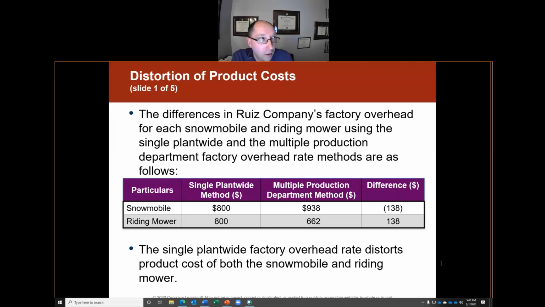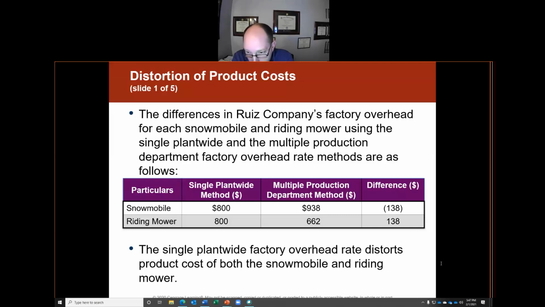It's a higher rate for the multiple production department method for snowmobiles than it is the single plant-wide rate. But the opposite is true for the riding lawnmowers, also a difference of $138. We see that it's a lower rate for the riding lawnmowers in the multiple production department method than it is in the single plant-wide.